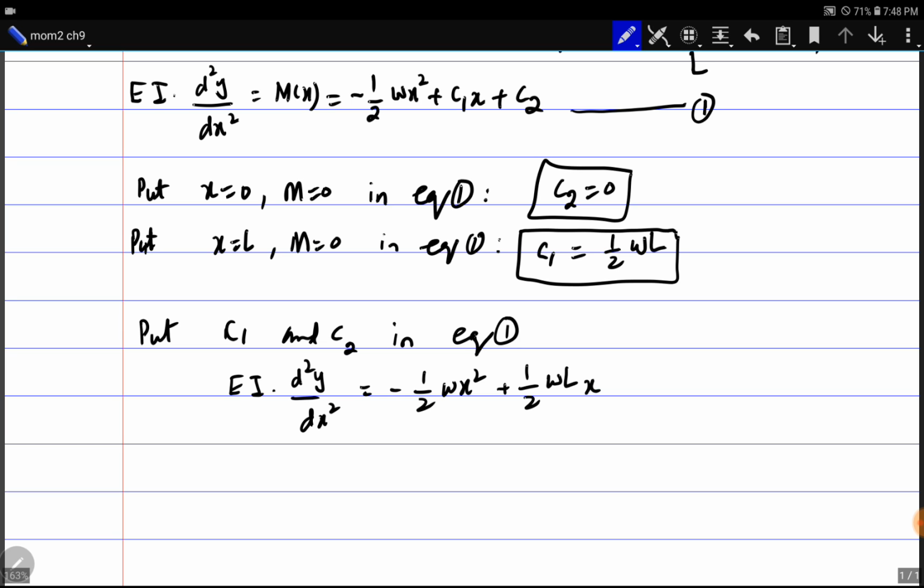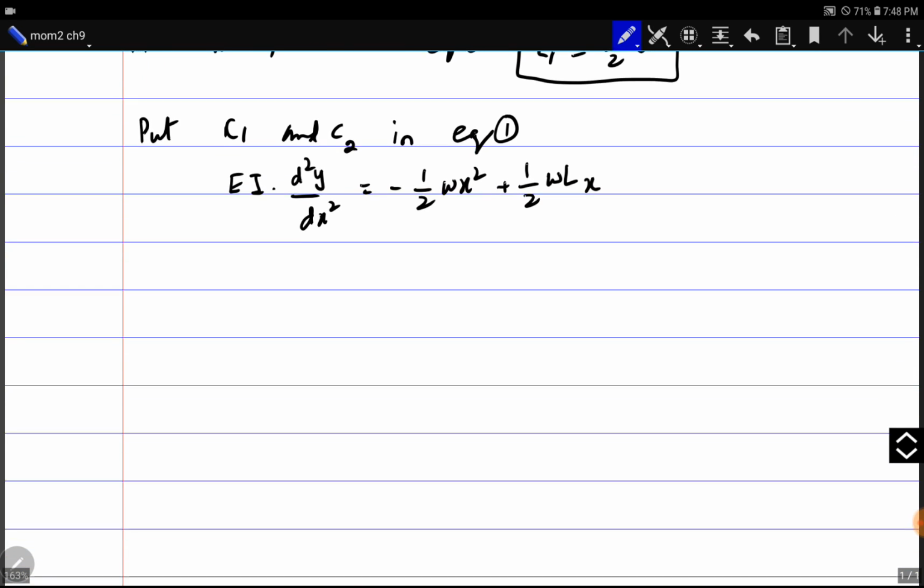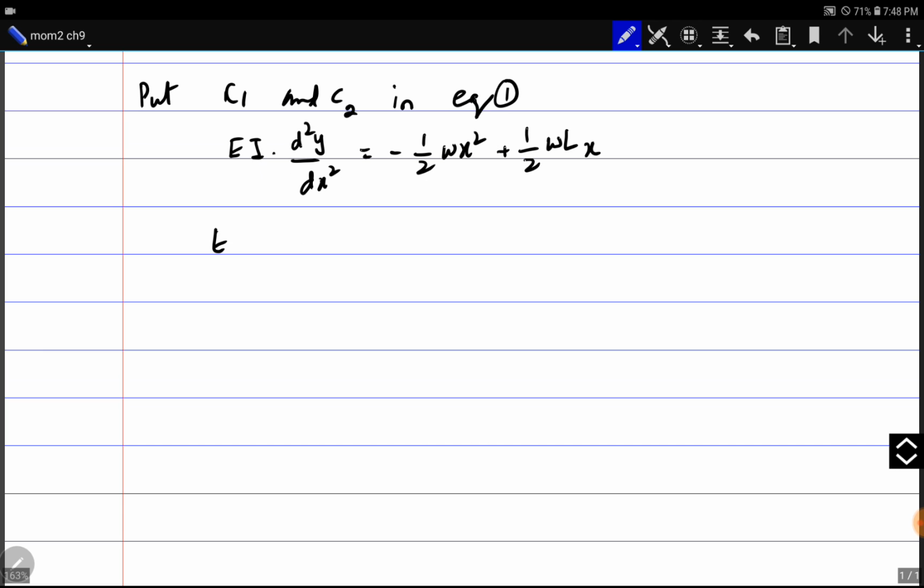Okay, we can integrate this expression again. It becomes EI dy by dx. Dy by dx is theta. Minus 1 over 6 Wx cube, since integral of x square is x cube by 3. Integral of x is x square by 2, so the next term becomes 1 over 4 WLx square, and here will be a constant of integration, we call it C3.